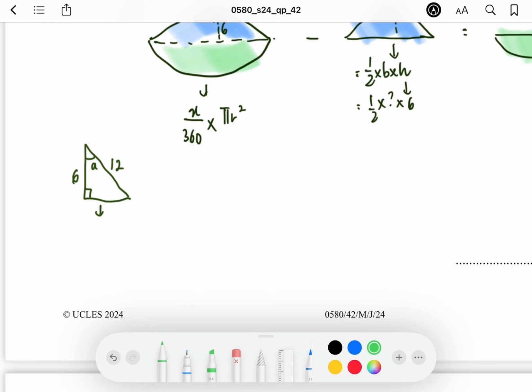Artinya, this side is what? Hypotenuse. And this side is what? Opposite or adjacent? Adjacent, which means cos.